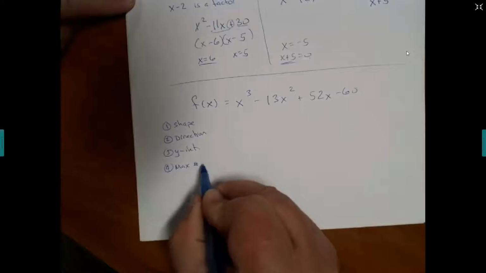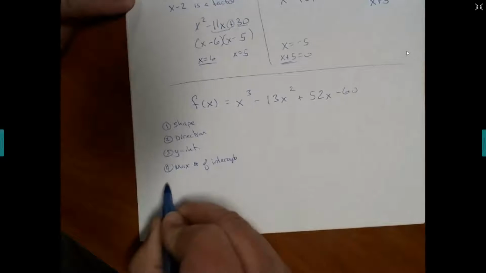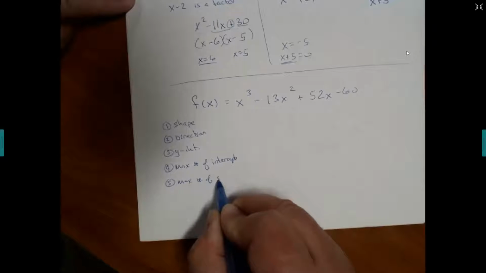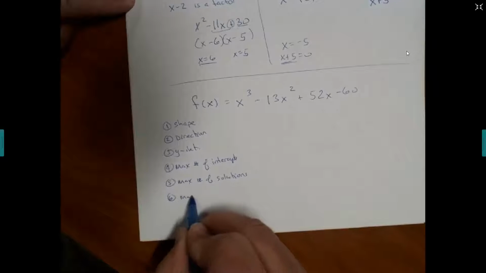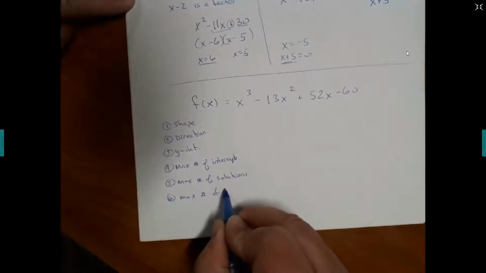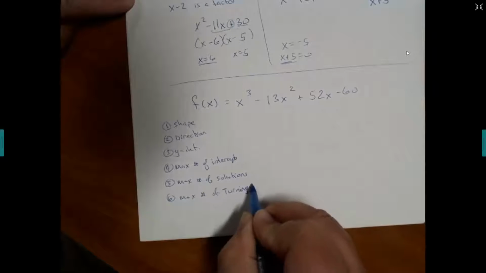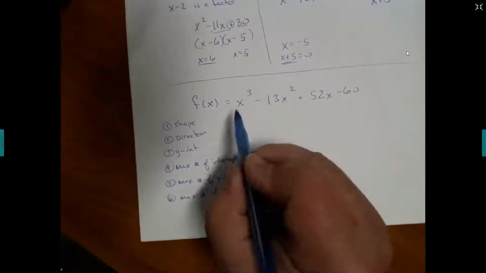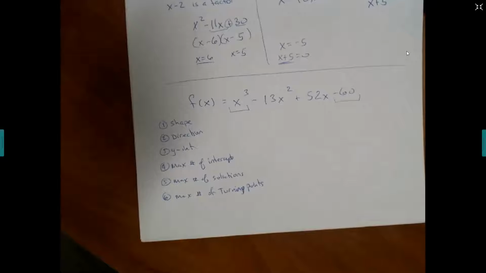The maximum number of intercepts, the maximum number of solutions, the maximum number of turning points. Now, all this comes from the leading term and the constant term.